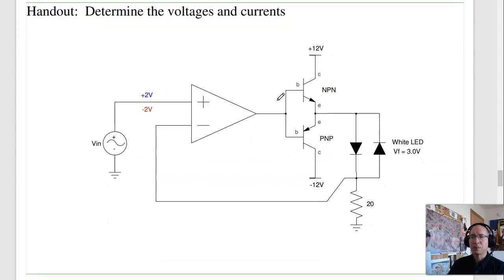So here's a problem. Suppose the input is plus 2 volts and minus 2 volts driving an LED. Find the voltages and currents. We'll give you a little bit of time to solve that. You can pause the video, and then we'll pick up.